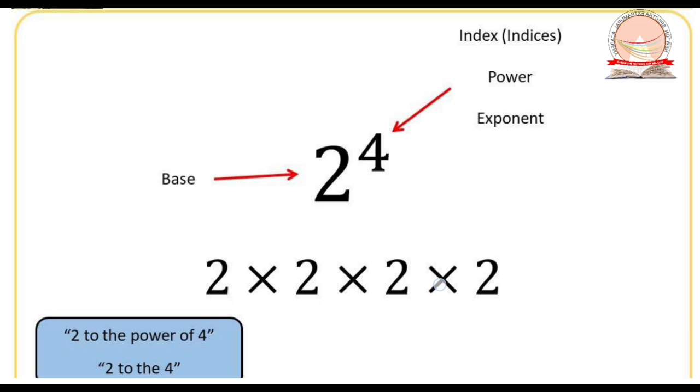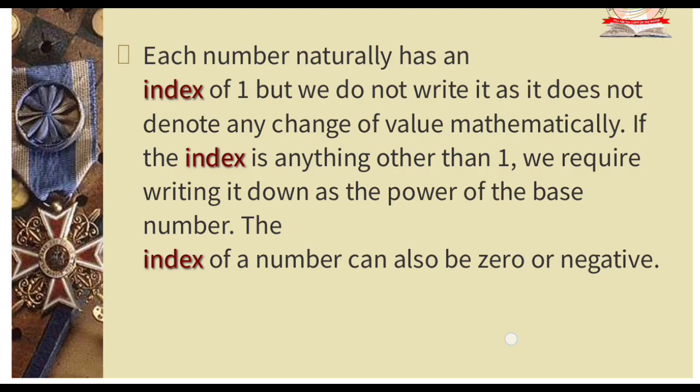Now, 4 is regarded as your index, power, or exponent, and your 2 is regarded as your base. Please note that each number naturally has an index of 1, but we do not write it because it does not denote any change of value mathematically.